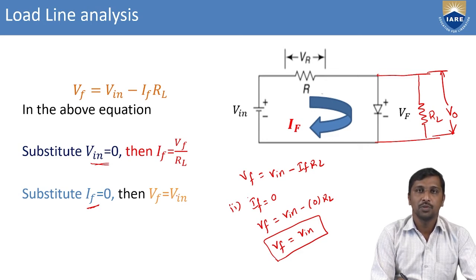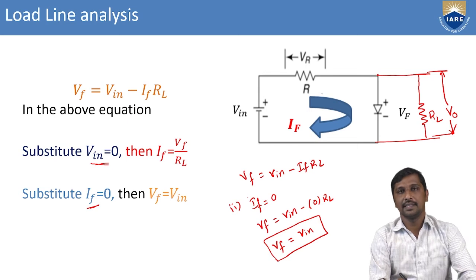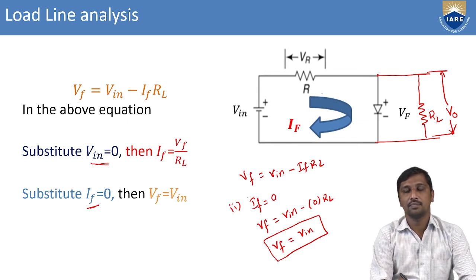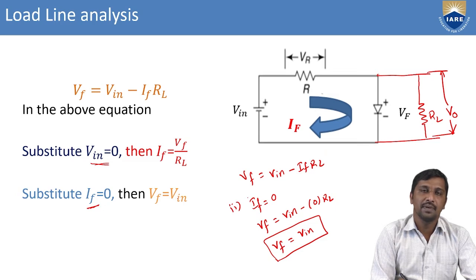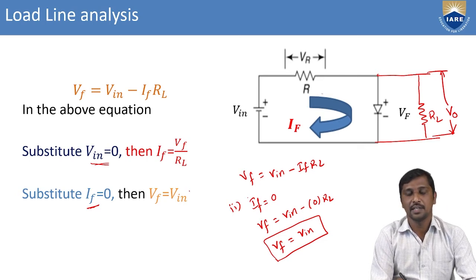To identify the exact operating point, which contains two parameters, one a voltage parameter and another a current parameter, we use these two coordinate points to draw a straight line, and that load line is called the DC load line.